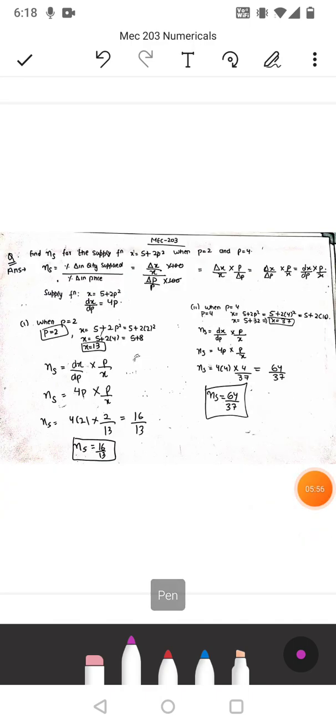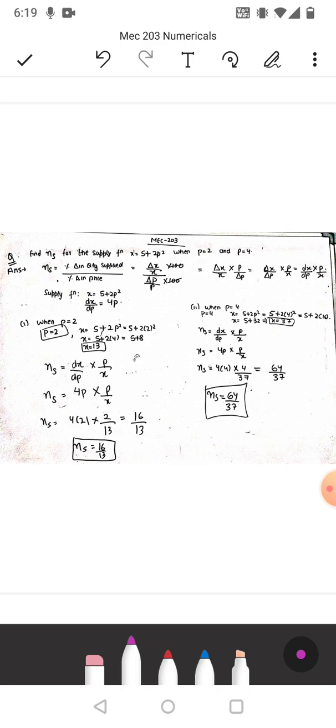This is also a question where we have to find elasticity of supply function when p equals to 2 and p equals to 4. We know elasticity of supply is percentage change in quantity supplied divided by percentage change in price, that is nothing but dxs upon dp into p by q. There is a positive relationship between change in price and change in quantity supplied. Now we have supply function, will differentiate with respect to p and we get 4p.